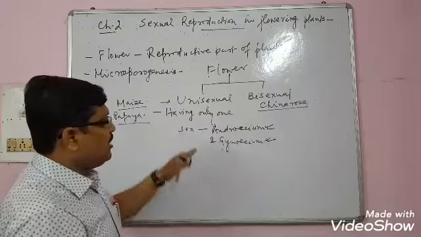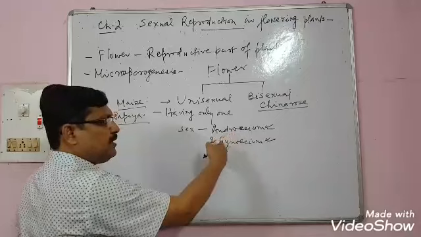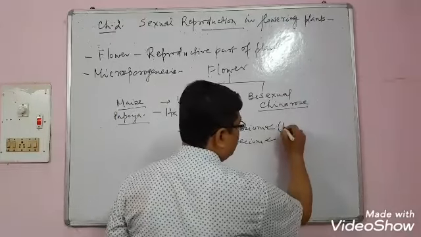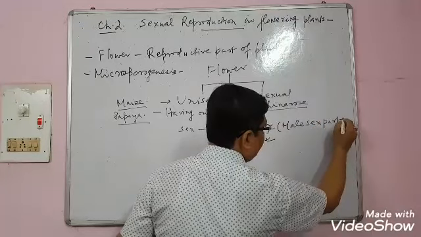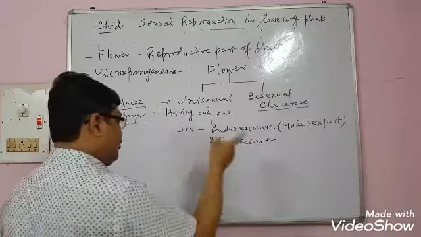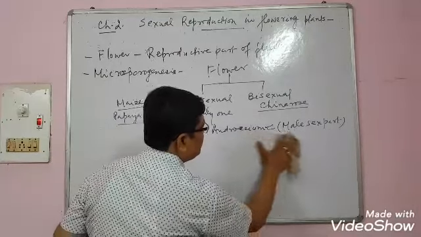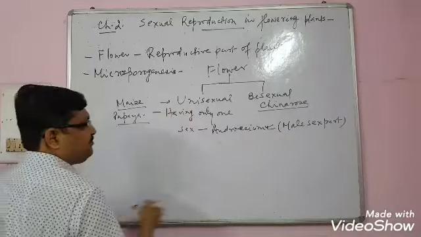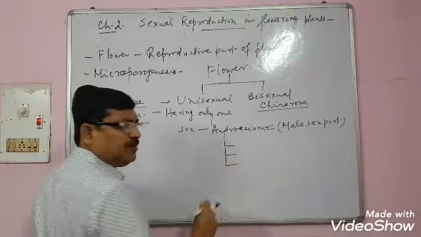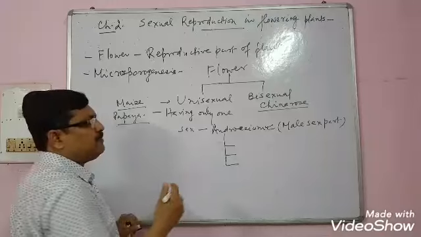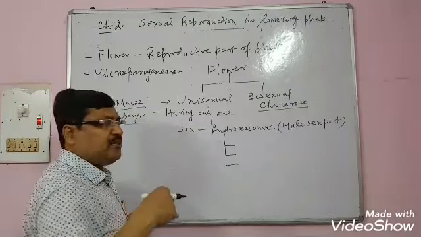Now, this is the androecium, the male sex part. The androecium has stamens, and the stamen is also called the unit of androecium.